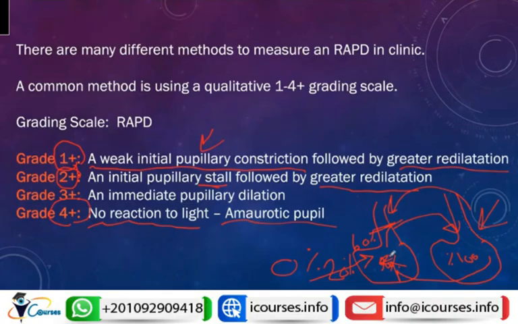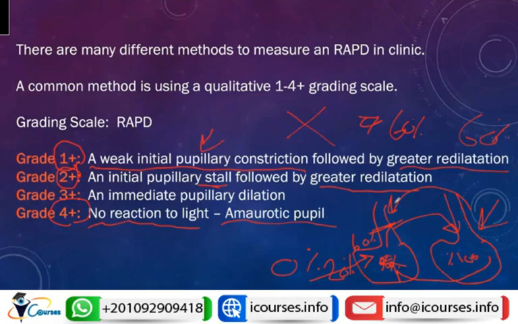Another application for this comparison pattern: let's say, for example, that both eyes have about 60% weakness of the optic nerve. So both of them have damage, or each one of them has damage of the visual fibers or the afferent pathway, but it is the same. Can you elicit relative afferent pupillary defect? The answer is no. Because when you are comparing between both eyes, each eye will be under equal amounts of dilatation and constriction.